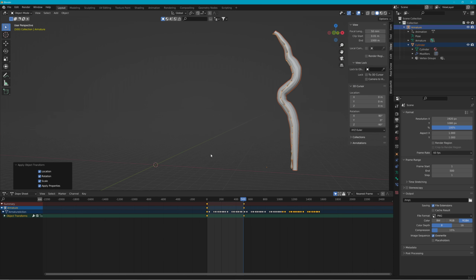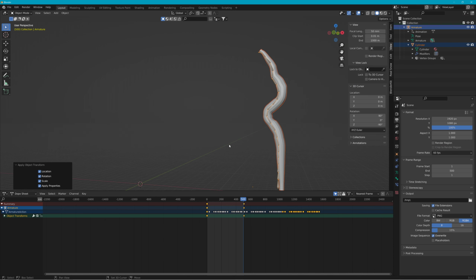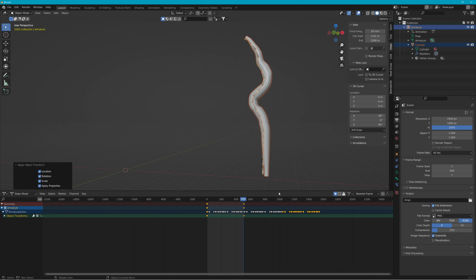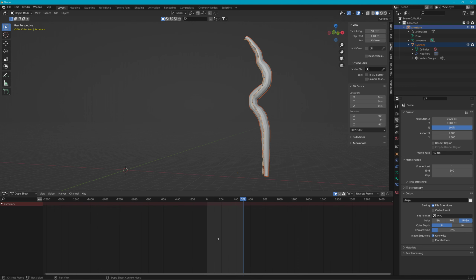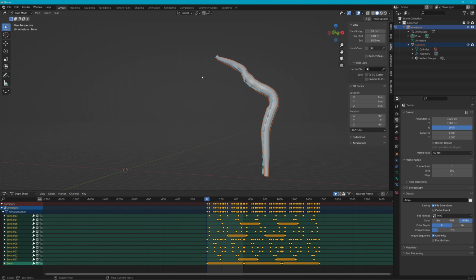Now, there is something that does still bother me about the whole thing, is if you use inverse kinematics, which I probably have to watch another video on to understand how to do that again. I don't remember exactly off the top of my head how to do it.